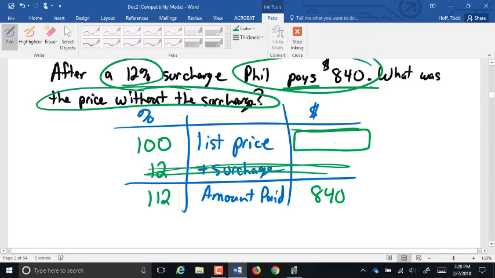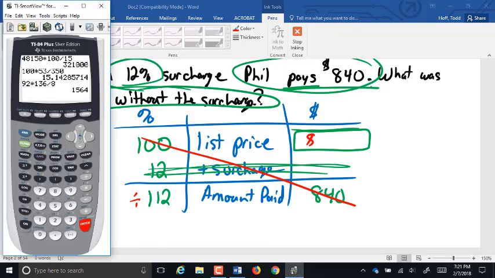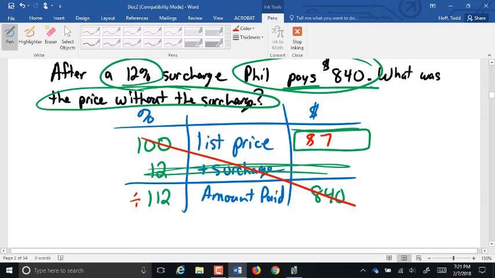So it's the middle row that we don't need. So now it's the 100 times 840 divided by 112. Get $750. Does that look right? Or did I screw that up? That's wrong, isn't it? 100 times 840 divided by 112. It is 750.